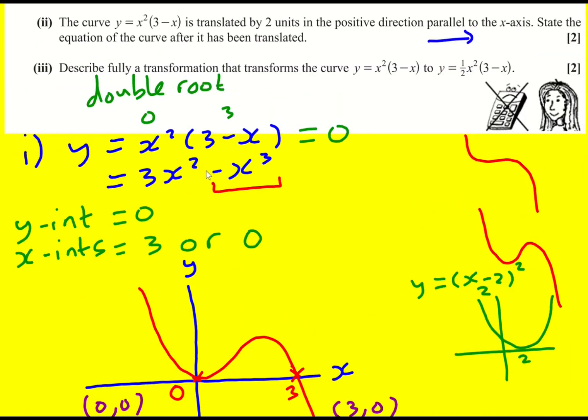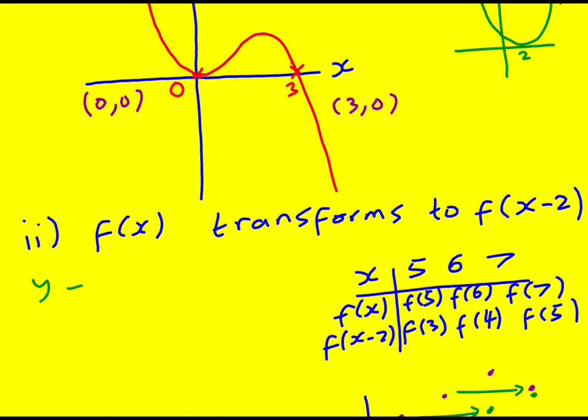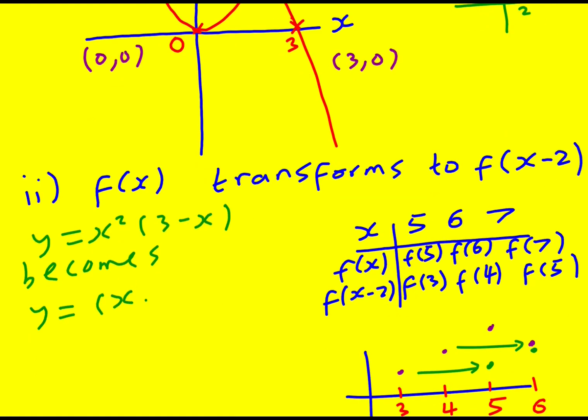So back to the question, we've got y equals x squared (3 minus x). This becomes y equals, and then we just replace all our x's by x minus 2.